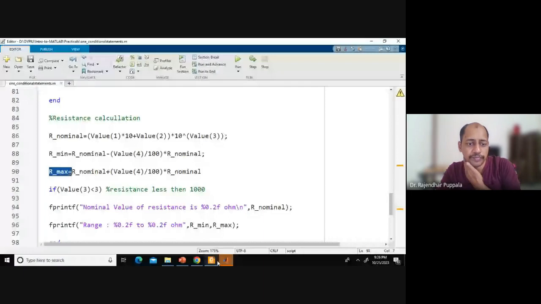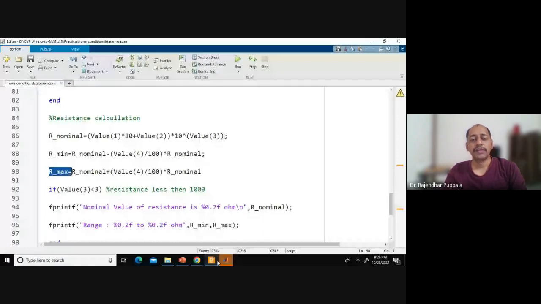And now display. For display, we will just use the command fprintf. The nominal value and the range in ohms if the nominal resistance value is smaller than 1000. So if it is, it means you have calculated the value at the end, okay? With the help of the nominal range value you are getting, if it is less than 1000, you simply write it in ohms.